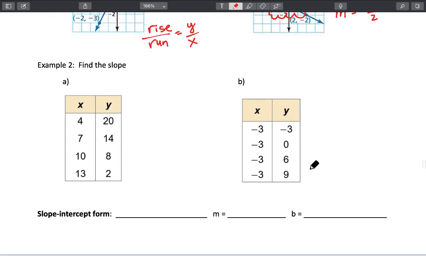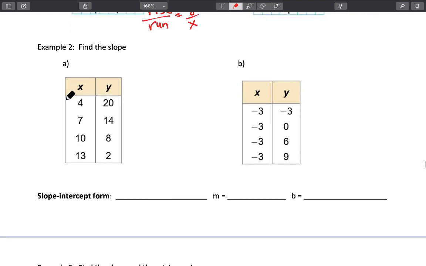What about finding slope when we're given just these relations, these xy pairs listed in a t-chart? Well, same thing. What you want to do is just pick 2 points. Let's just take these first 2 points here. And we'll start off by doing our change in y over our change in x. So my change in y, it looks like I'm going to go from 20 to 14.